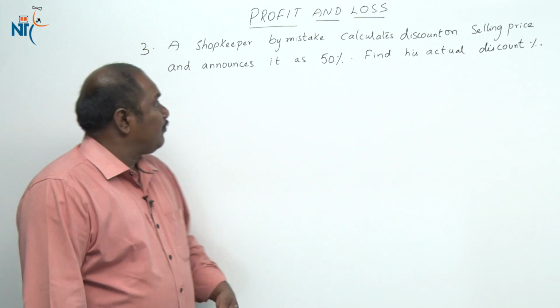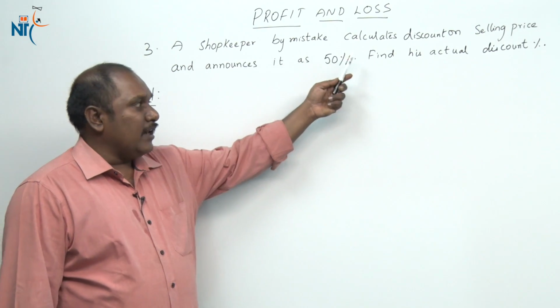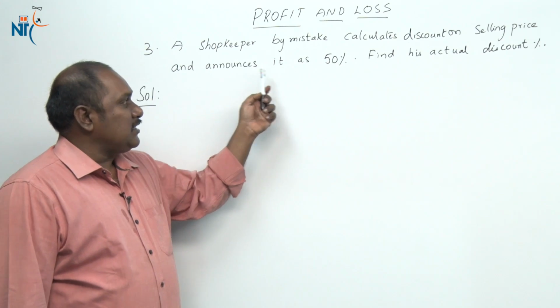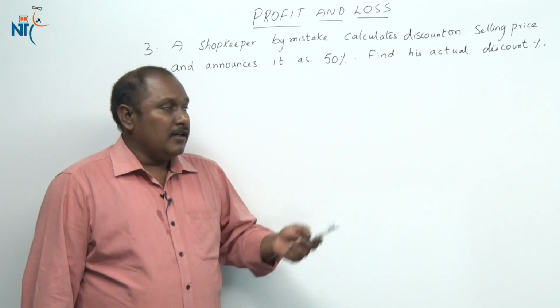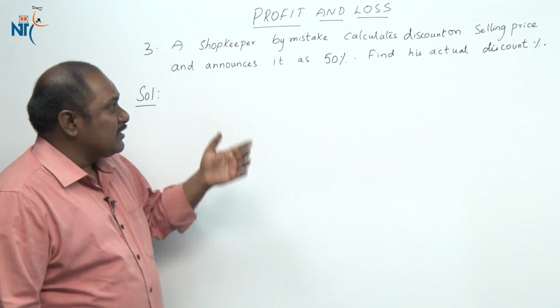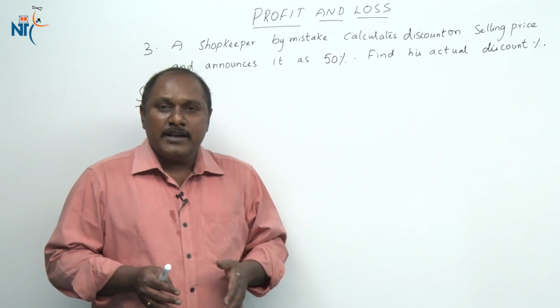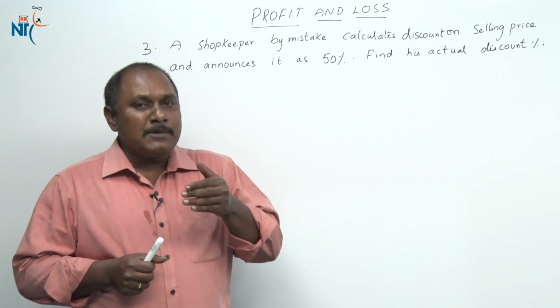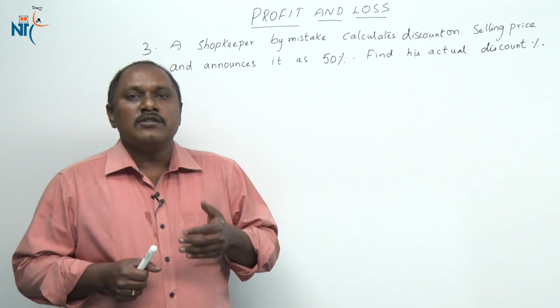The third problem: a shopkeeper by mistake calculates discount on selling price and announces it as 50%. Find his actual discount percentage. Now in the question it is given a shopkeeper by mistake calculates discount on selling price. First of all, is it a mistake to calculate discount on selling price?